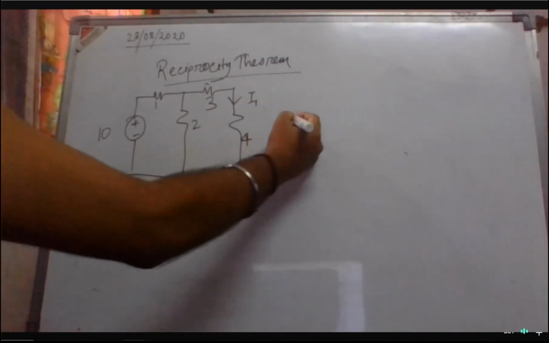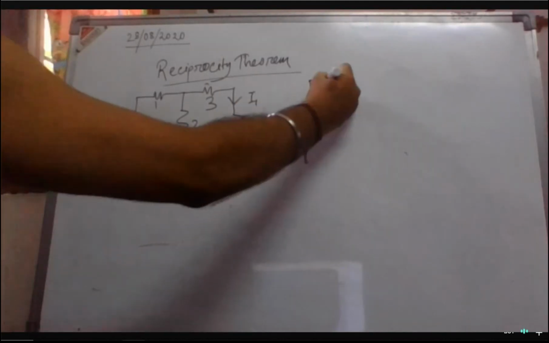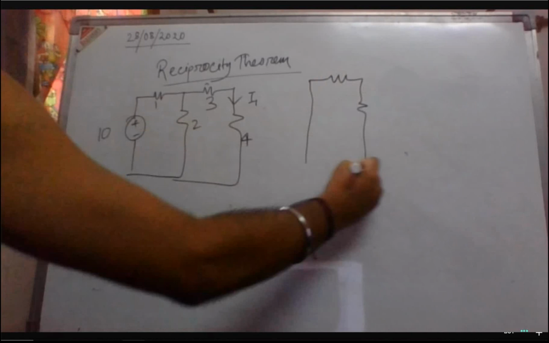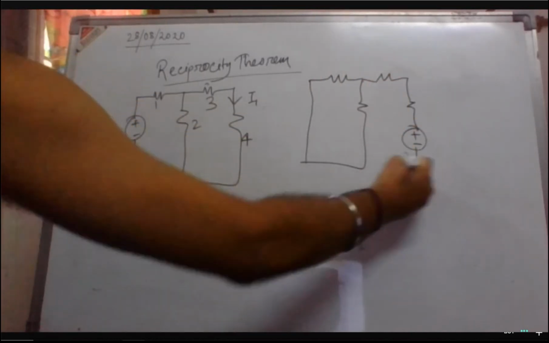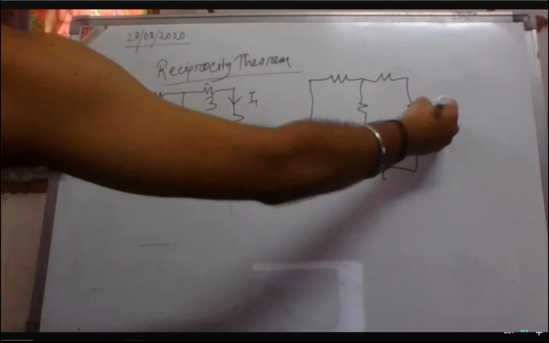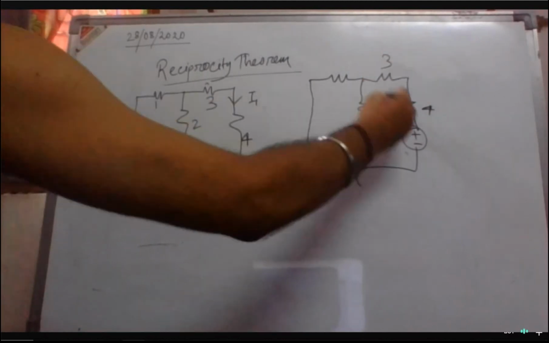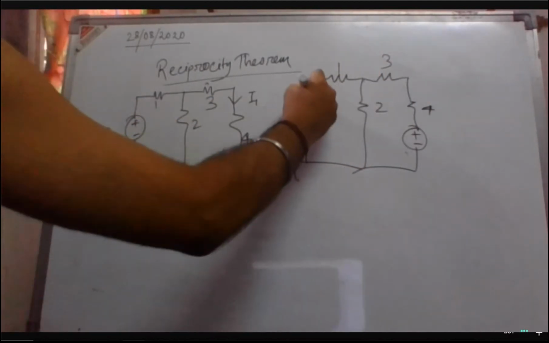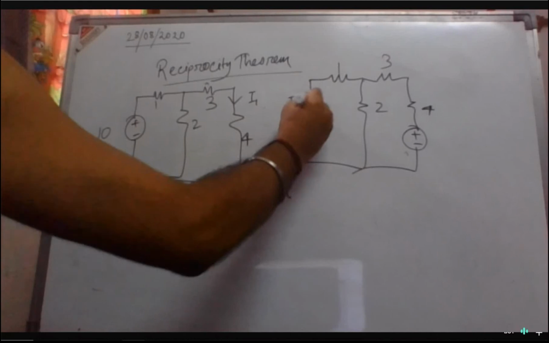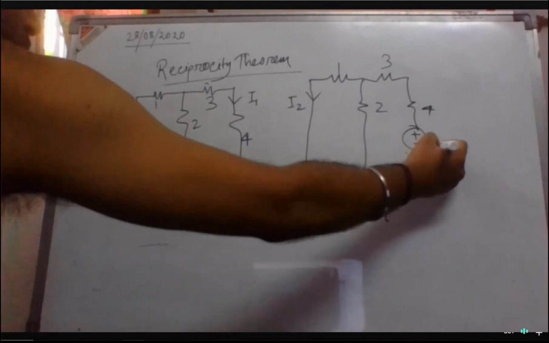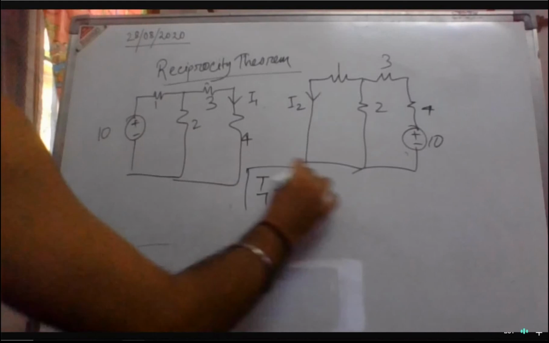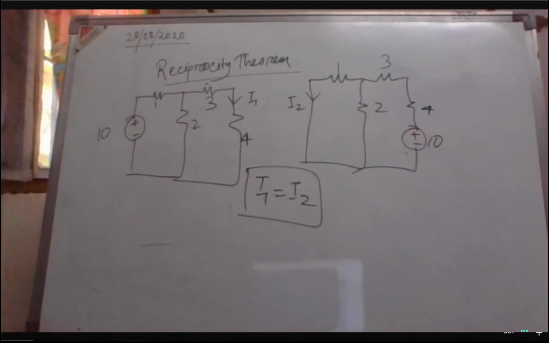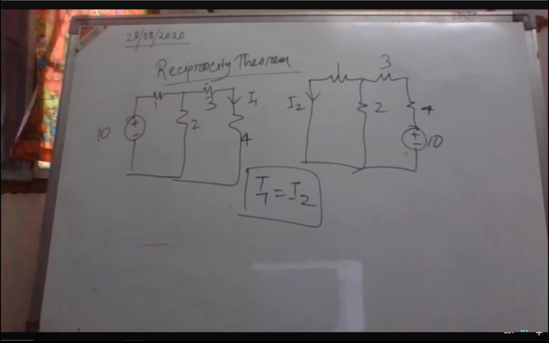Now suppose we have a circuit like this, and this current is I2. So as per the reciprocity theorem, I1 will be equal to I2. If these two conditions are satisfied, then we say the circuit satisfies the reciprocity theorem.